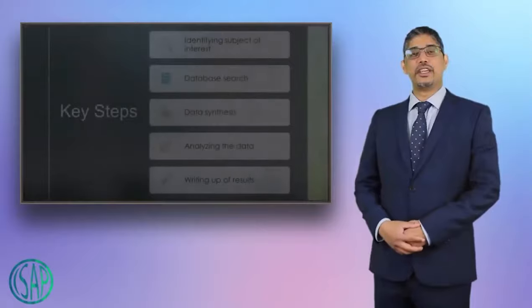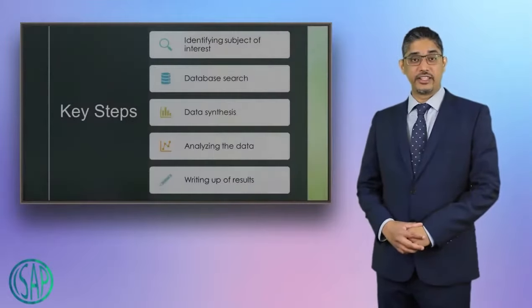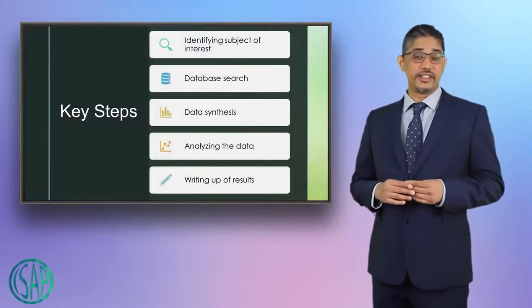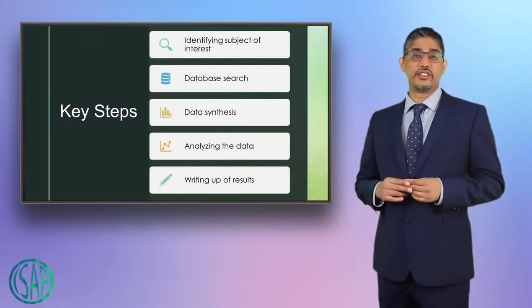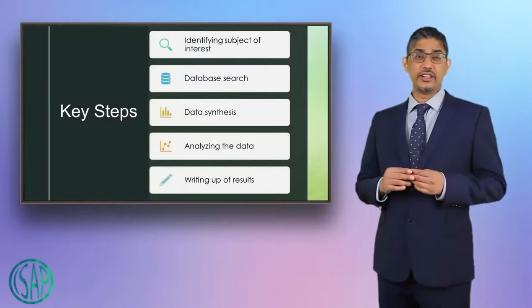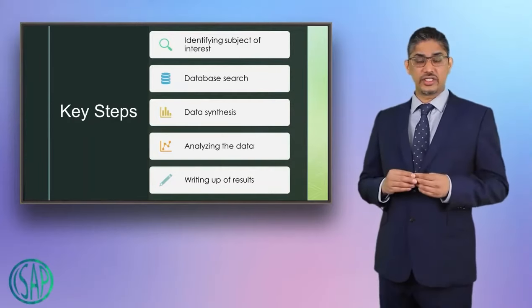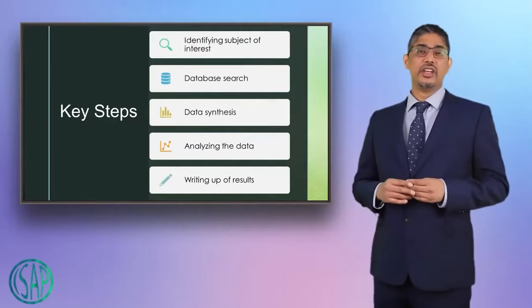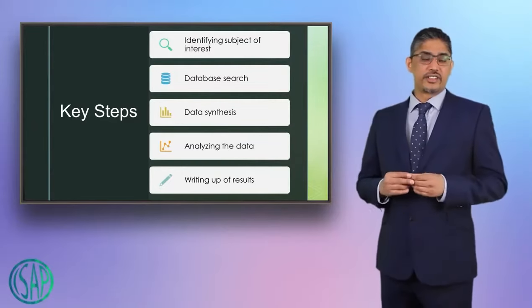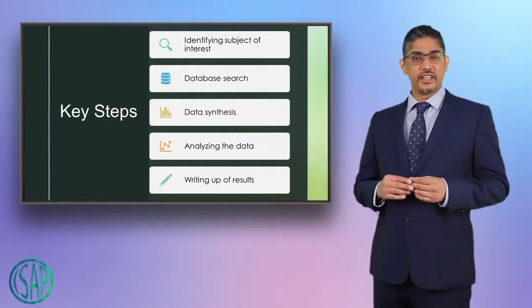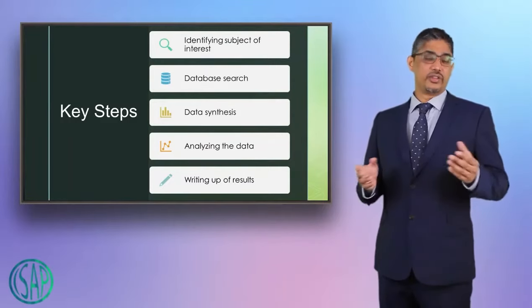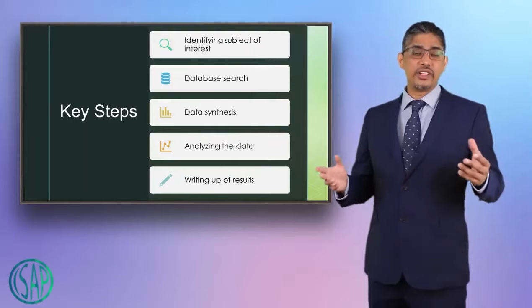The key steps in a meta-analysis are identifying the subject of interest, followed by constructing a search strategy, an extensive search strategy in various databases using various search engines. Once you retrieve all the relevant citations, you go through all the abstracts and develop inclusion-exclusion criteria, and then include the studies which qualify your inclusion criteria and which are relevant to your subject of interest.